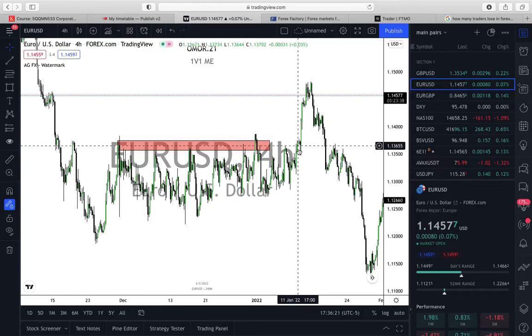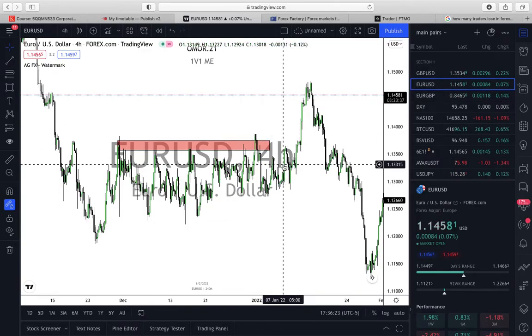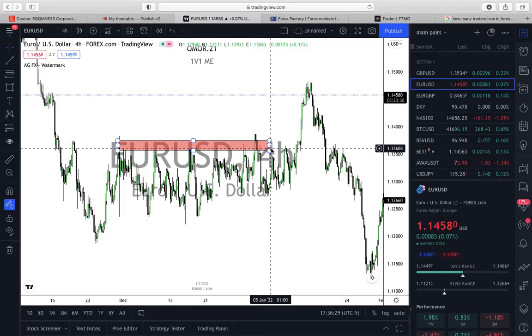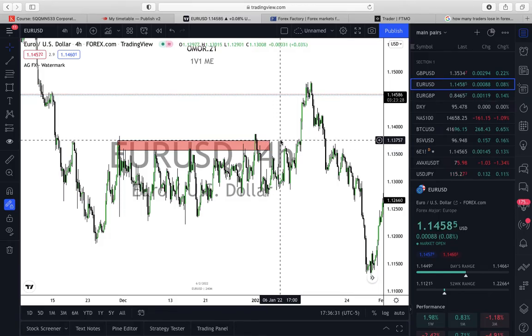For there to be a market, there has to be buyers and sellers. Okay? Now, for there to be buying and selling at every price, there has to be buyers and sellers at every single price. Yeah?